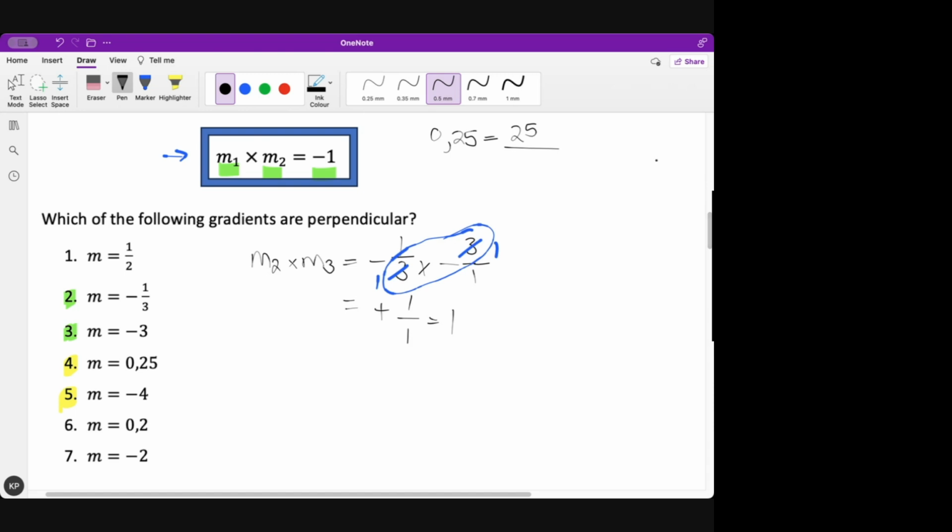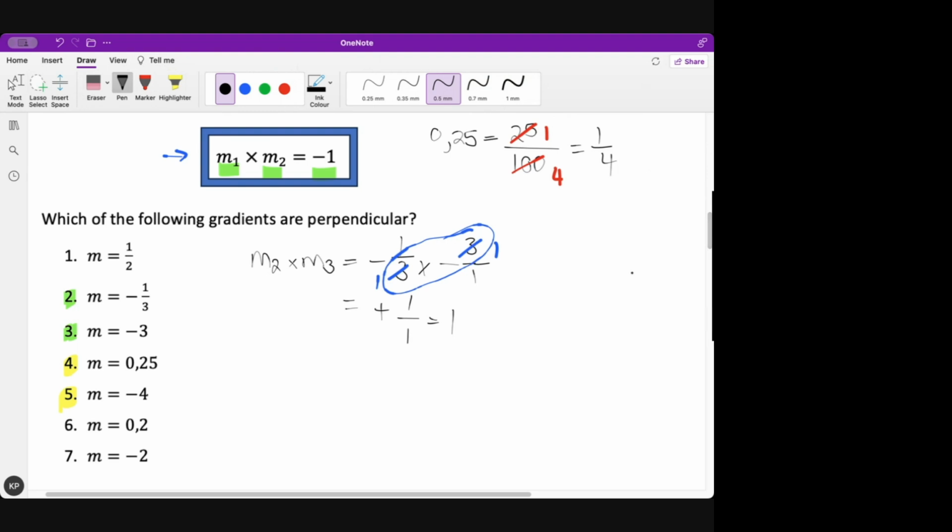You see why I say no calculators? The brains are off. 25 over 100. There we go. And then what is our highest common factor between 25 and 100? That would be 25. It goes into itself once and into 100 how many times? 4 times. So this is the same as a quarter.